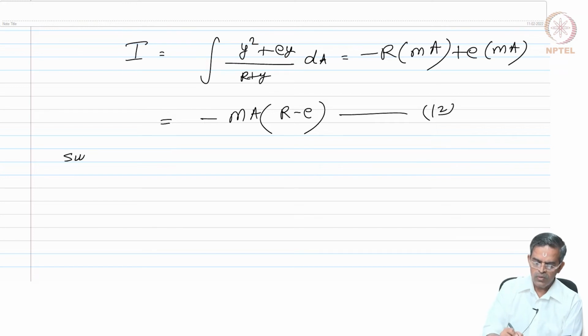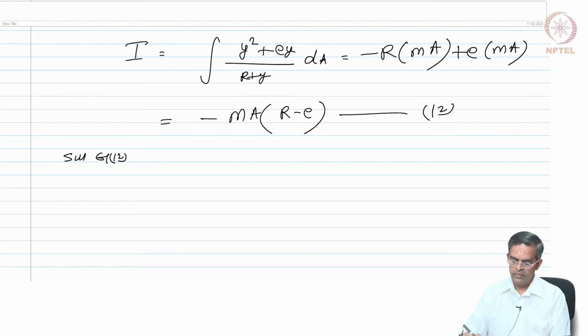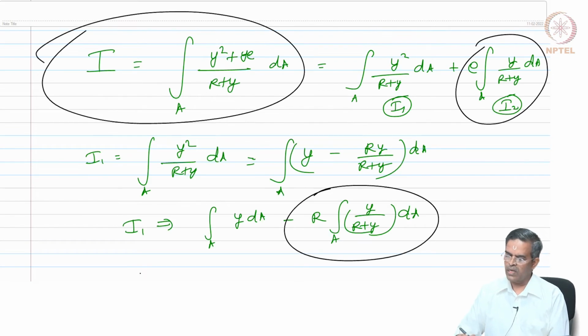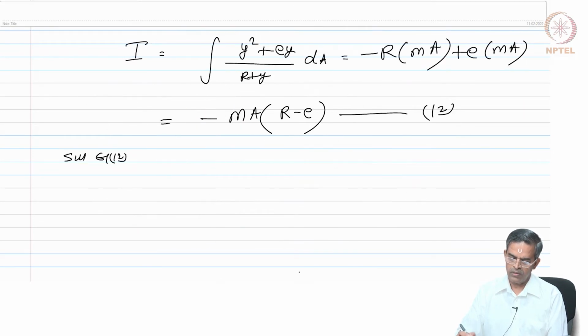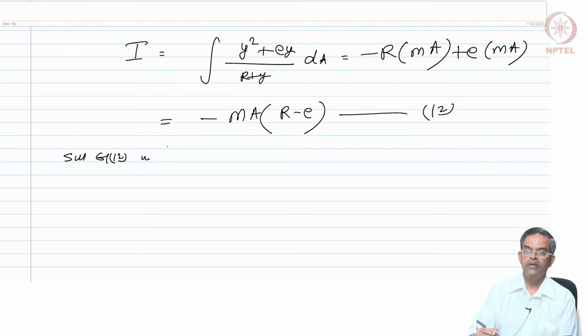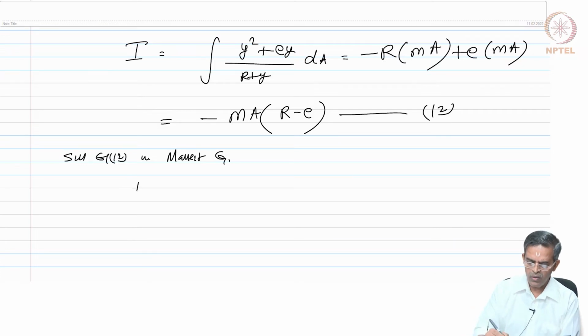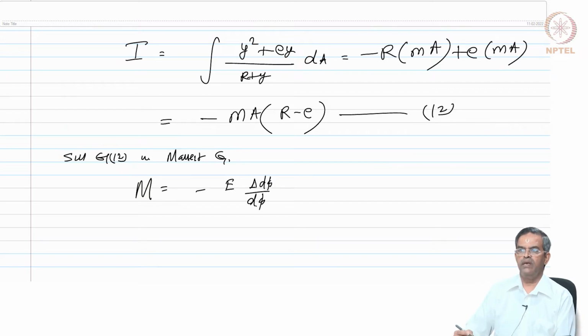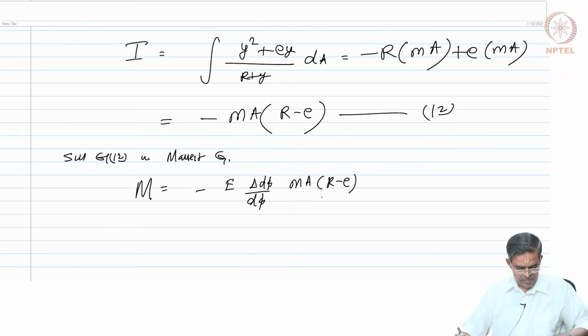Now, substitute equation 12, this equation 11 we had, in the moment equation. What is the moment equation we had? Please turn your notes. M was equal to minus E d phi by d phi times MA (R minus E). Am I right?